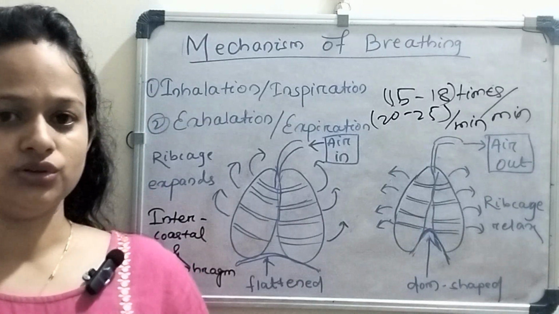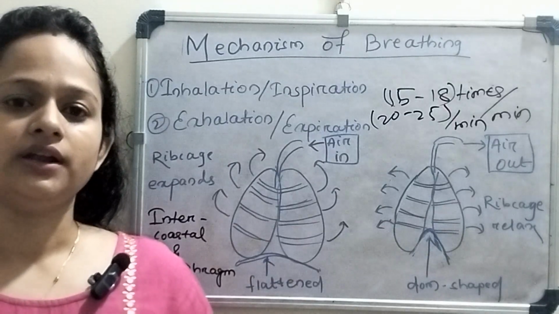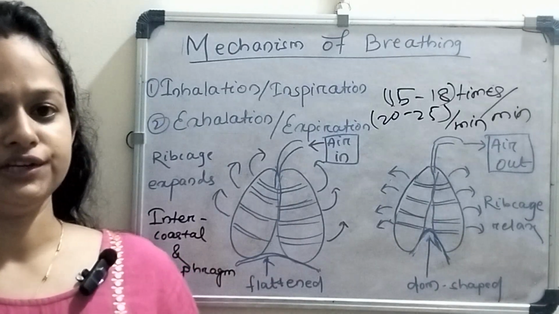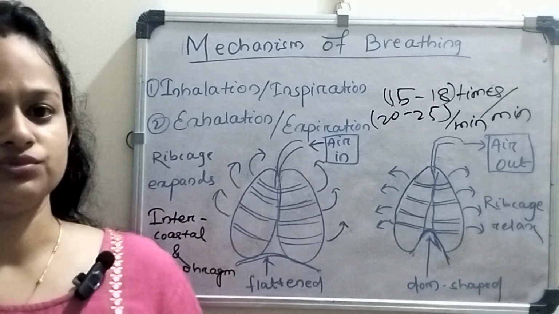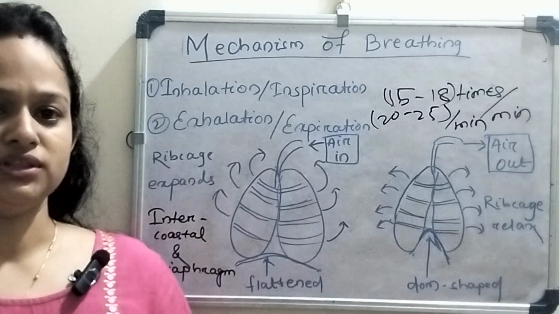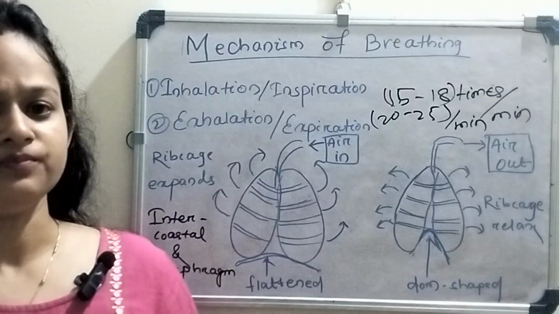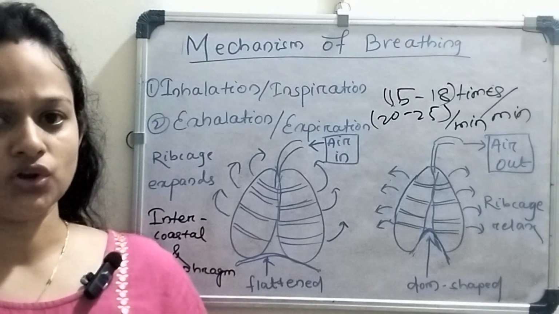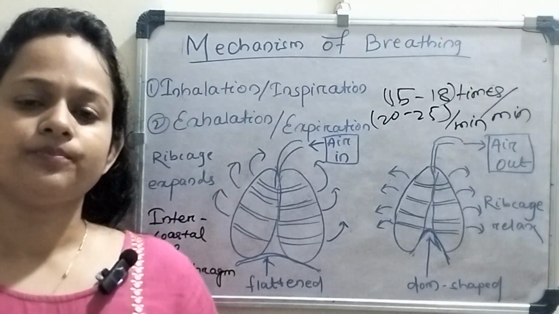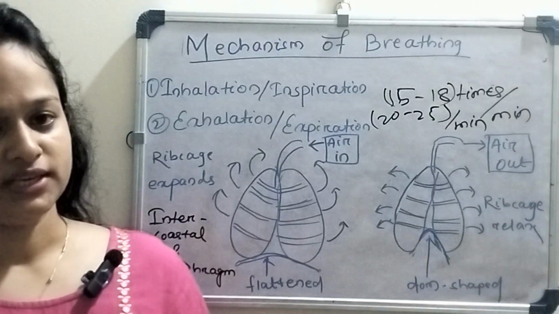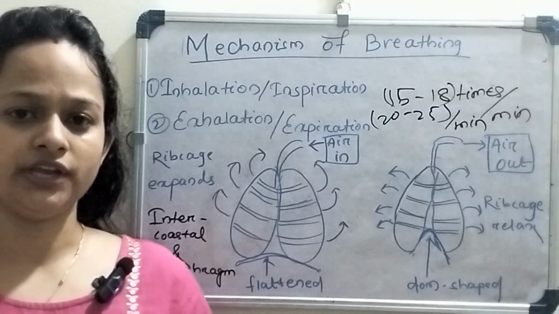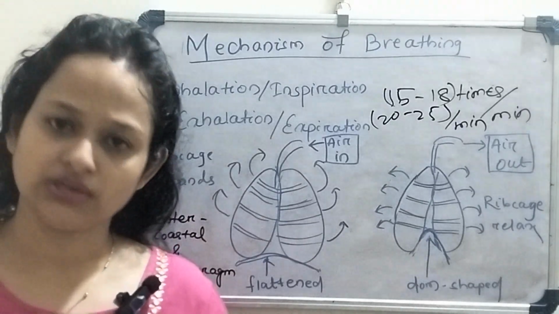So the lungs expand and it helps in the entry of air from the atmosphere into the lungs. So in the inhalation process, the intercostal muscle and diaphragm contract, the lungs expand, the volume of the thoracic cavity increases and the air enters into the lungs.